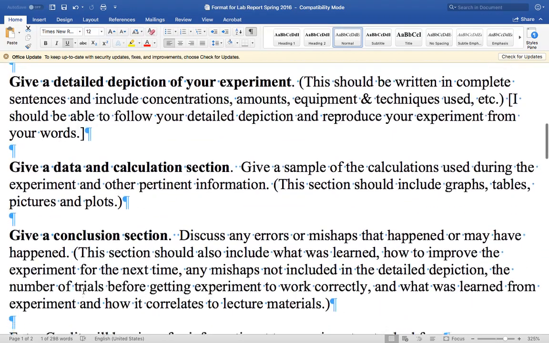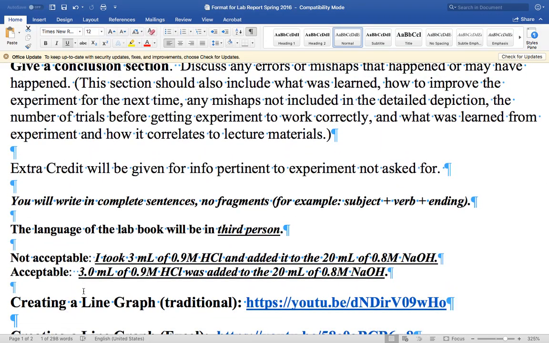If you go to the bottom of your report sheet, you'll see an example of what's not acceptable and what is acceptable. The not acceptable sentence is the first one, which includes a personal reference of I that shouldn't be there. The acceptable reference does not include that personal reference. And then also note that this is given in past tense.